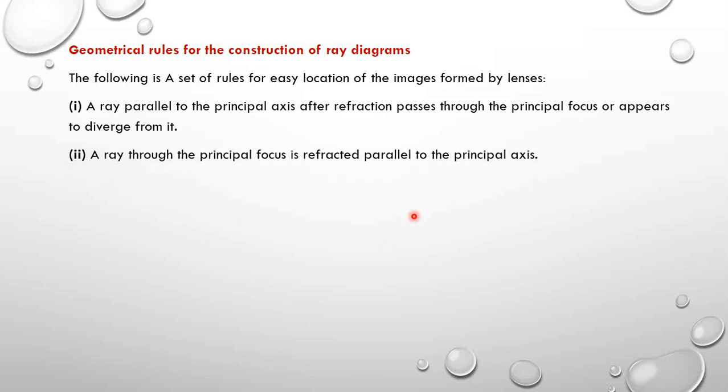And then also the other one is what I talked about, that a ray passing through the optical center, that is the optical center C, is not deviated, or it is not refracted.